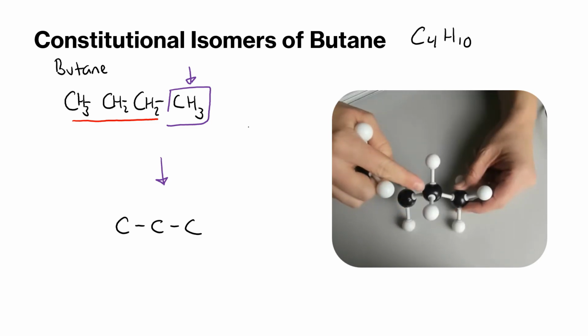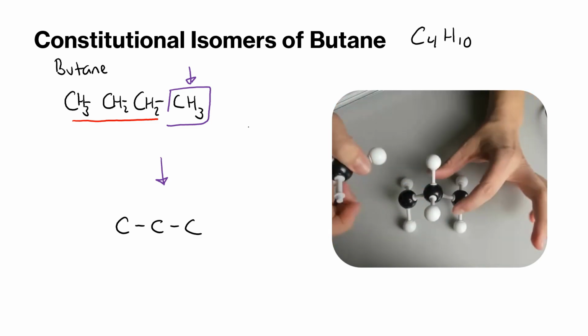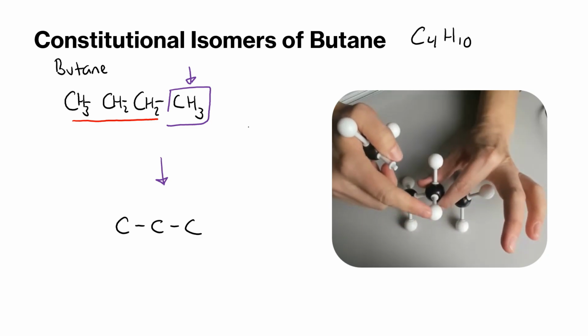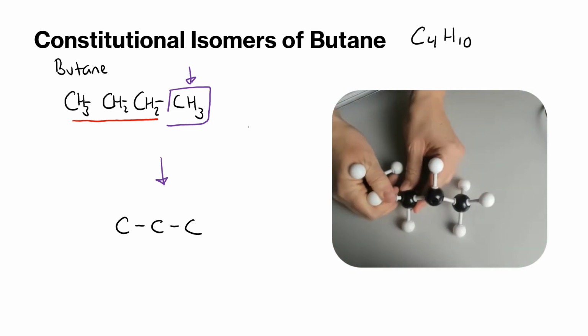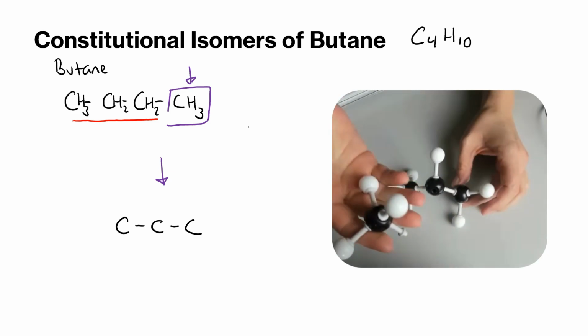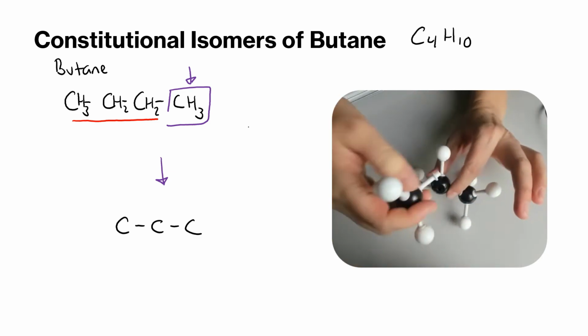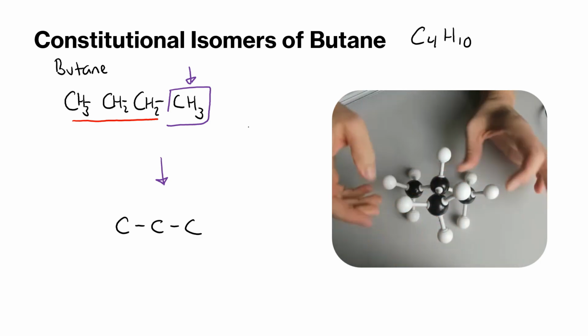In order to put the methyl group onto carbon 2, we have to substitute out a hydrogen on carbon 2. And it's going to fill in that missing bond from where we had moved this methyl group. That methyl group now has an available bonding site on carbon 2.